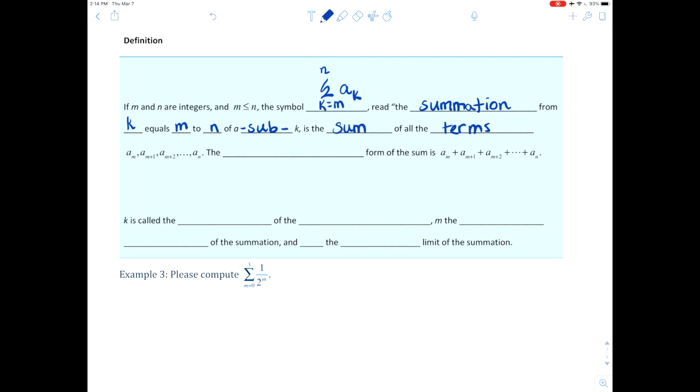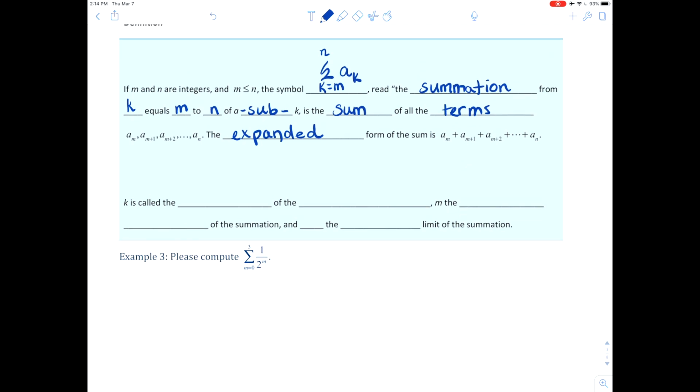So the expanded form, which is very useful. A lot of people, they don't want to expand these things out, but when you are adding summations or something like that, they can change quite a bit when you do some algebra with them. So the expanded form of the sum is a sub m plus a sub m plus 1 plus a sub m plus 2 plus all the way down to plus a sub n.